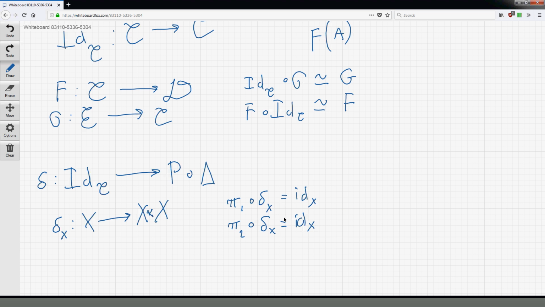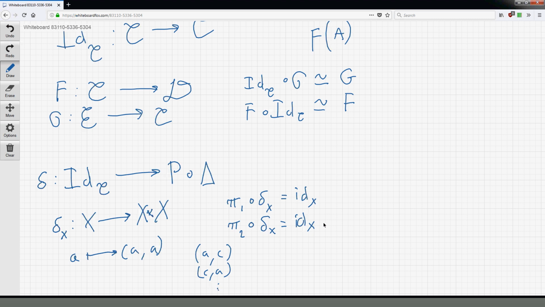Now, I should mention that this isn't an isomorphism, because if you reverse these, you can consider the product to be a lot bigger, right? The diagonal morphism, I'll just give an example with sets. It would map an element A to the pair (A, A). But if there's other elements in our set X, you could have (A, C), (C, A), right, and so on.